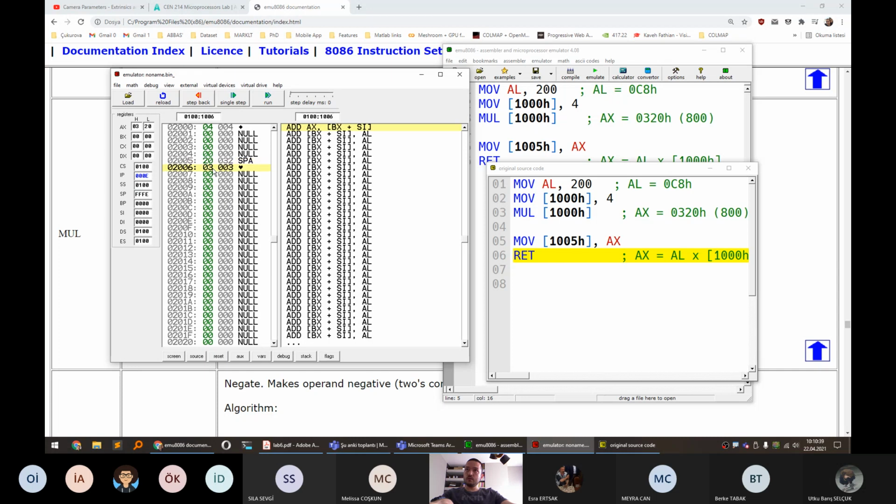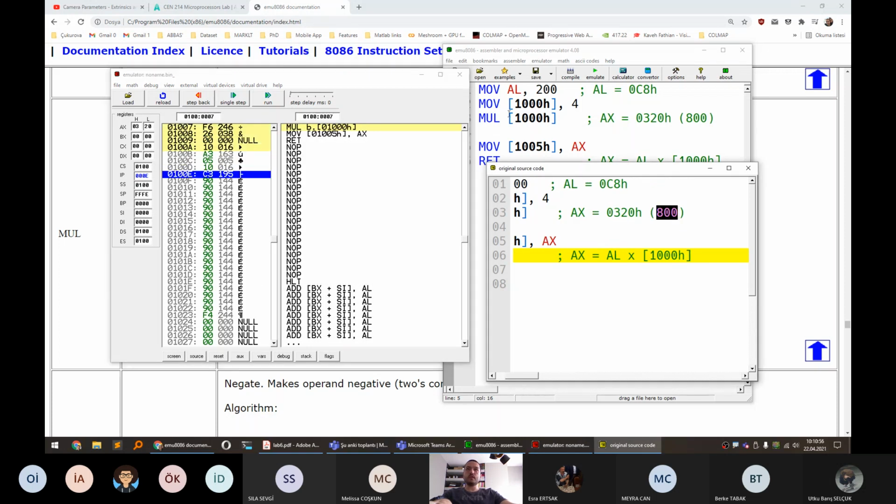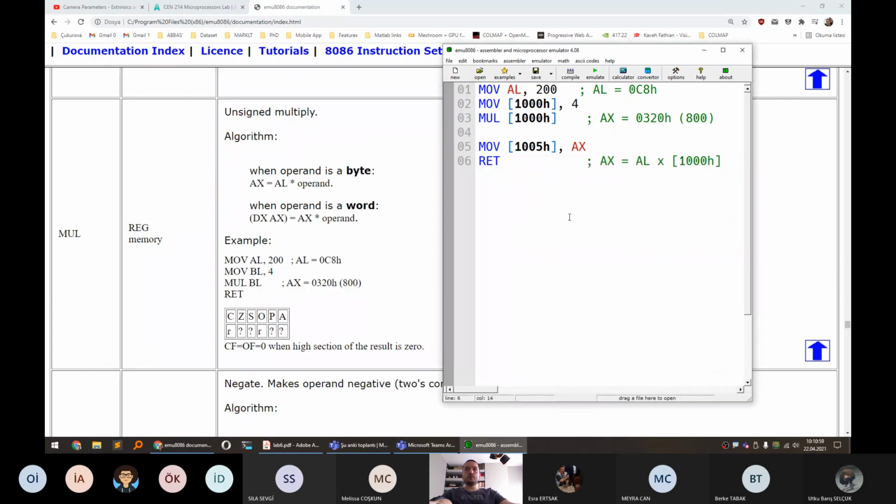The result is AX, that's why it is in 1006 and 1005. These two byte values are our result, which is 320H, which in decimal is 800. Okay, you can't multiply other than with the A register. It is instructed this way.